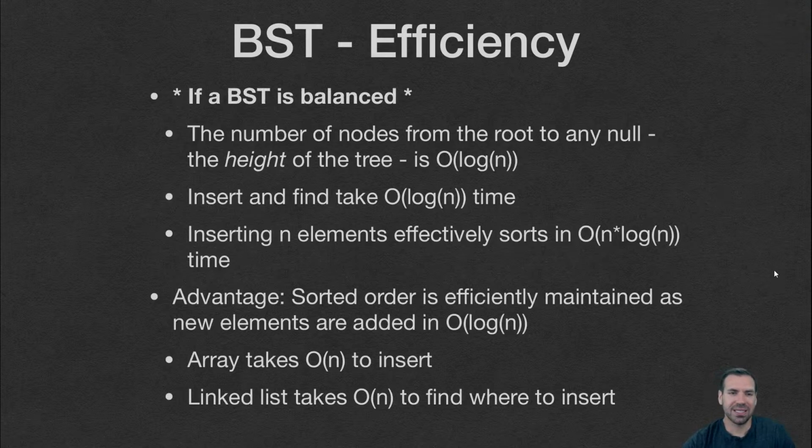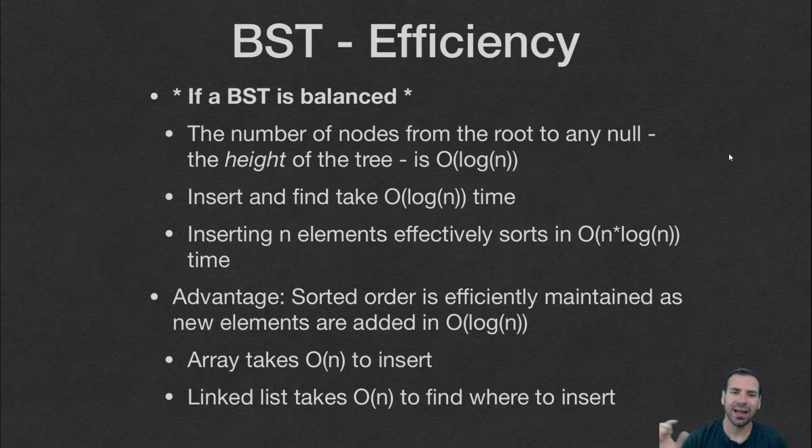If a BST is balanced, which is a huge if, then we get a lot of efficiency properties out of our BSTs. If the BST is balanced, the height of the tree, which is the longest path from the root to any null, so the length of the longest branch from root to leaf, is log of n.